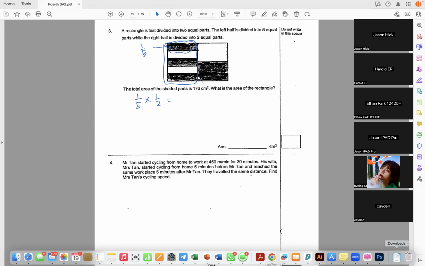Your question is the total area of the shaded part is 176. Find the area of the shaded region. Okay, sorry. We should find the total shaded region, because the total shaded part is 176.